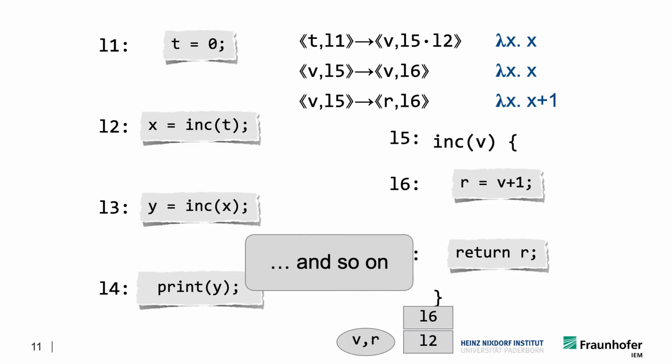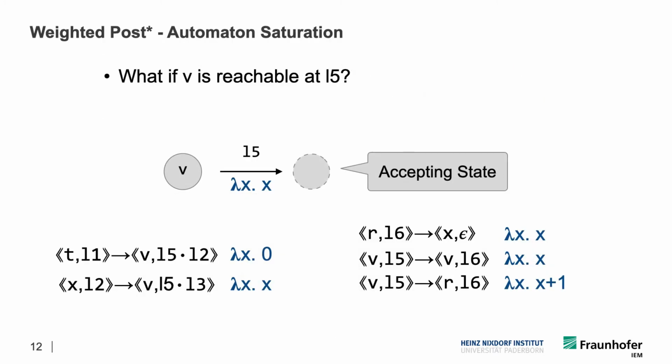And one of the major contributions by Reps and his co-authors was that they also showed in one of their papers that there is such a thing as a weighted poststar automaton saturation that, similar to how you would extend IFDS with IDE, actually computes these functions along the way as you are saturating your automaton.